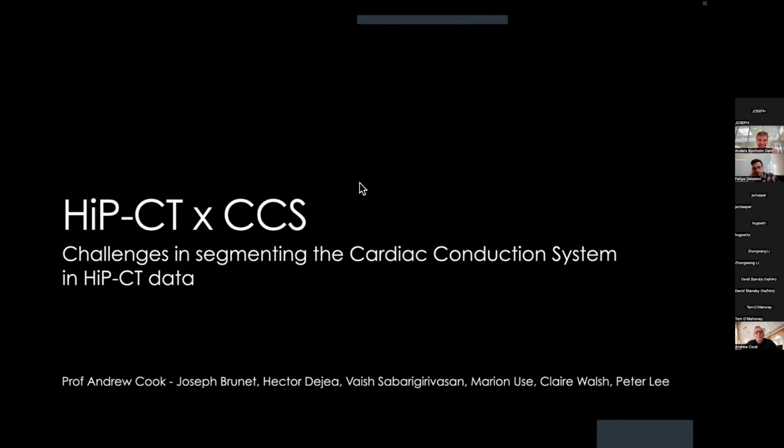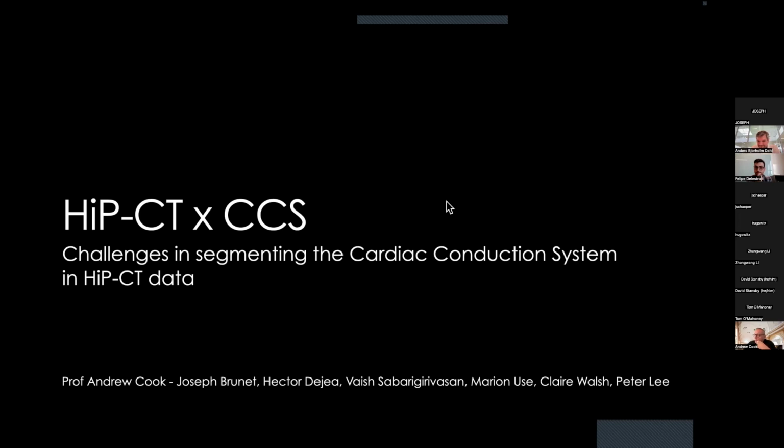That's fine. Good. Okay. So there are some very nice presentations and ways of analyzing the HiP-CT data. What I'm going to present really is the challenges in segmenting parts of the heart, in particular the cardiac conduction system.